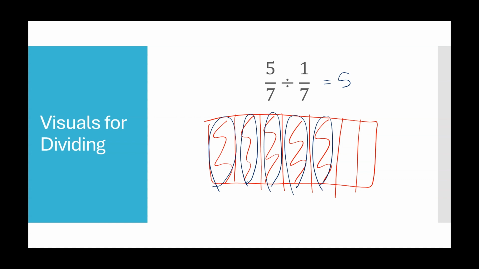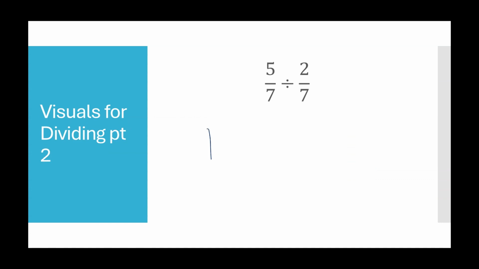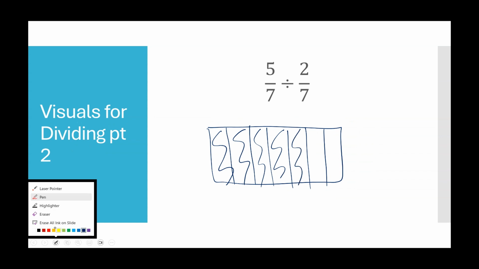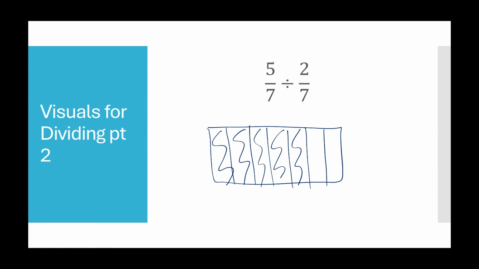Let's do a little bit of a harder one. If we start with my 5/7, and now we see how many groups of 2 are there. Here's a group of 2. Here's a group of 2. Ooh. And here's one is shaded, but the other is not.